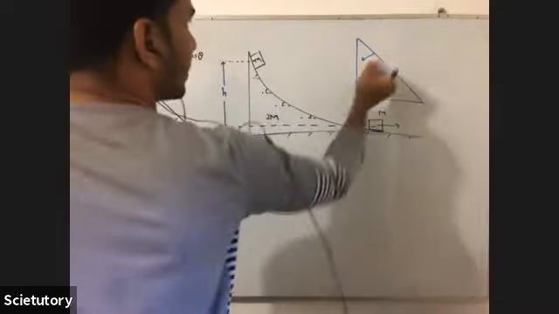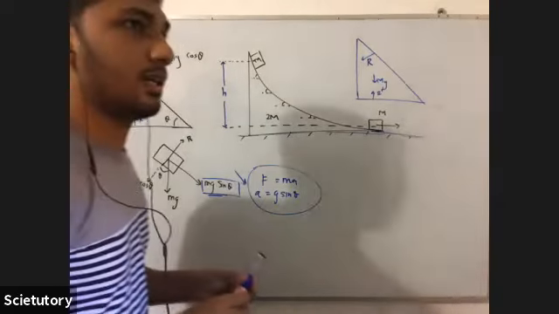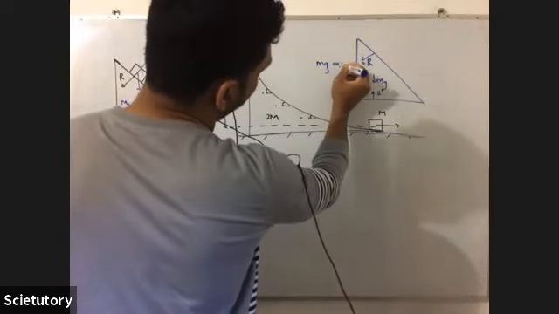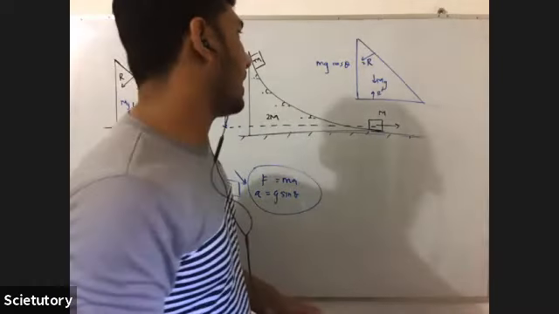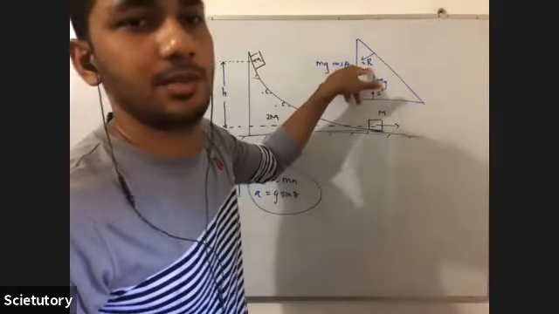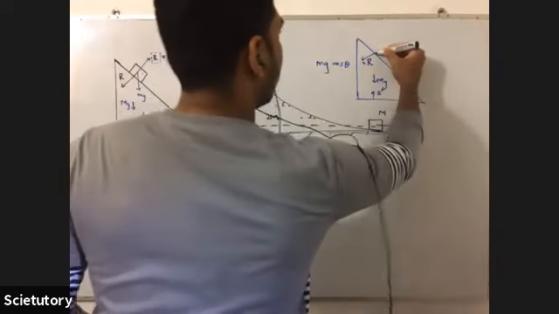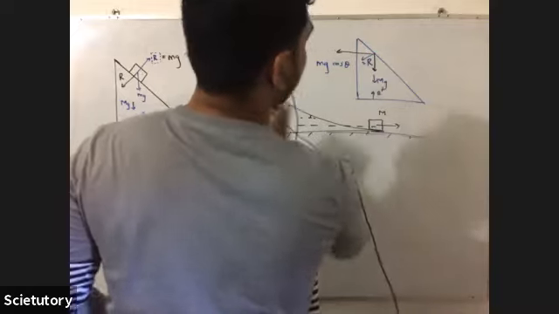Now this R is also there, and that R is equal to mg cos theta. To analyze this, I'm going to take components for this R in horizontal and vertical directions.